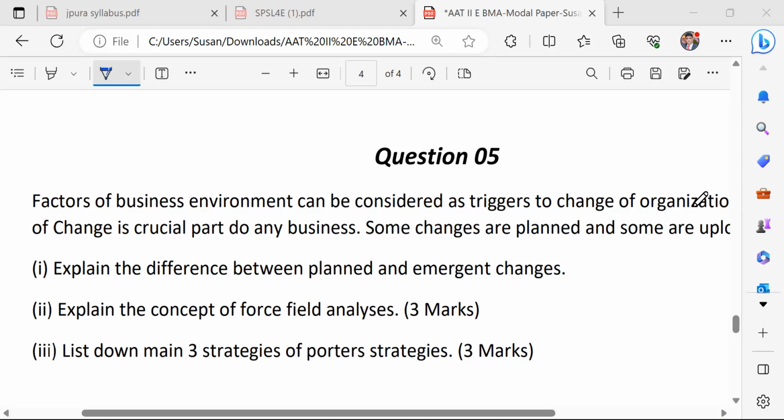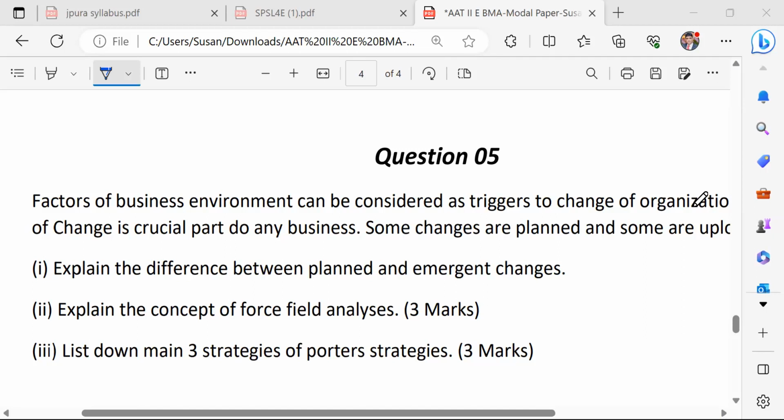Explain the difference between planned and emergent changes. Planned changes are predicted and understood by the organization. These changes are going to happen, going to take place. As an example, if an organization is going to change its production method within the next 2 years, that is a planned change, right?